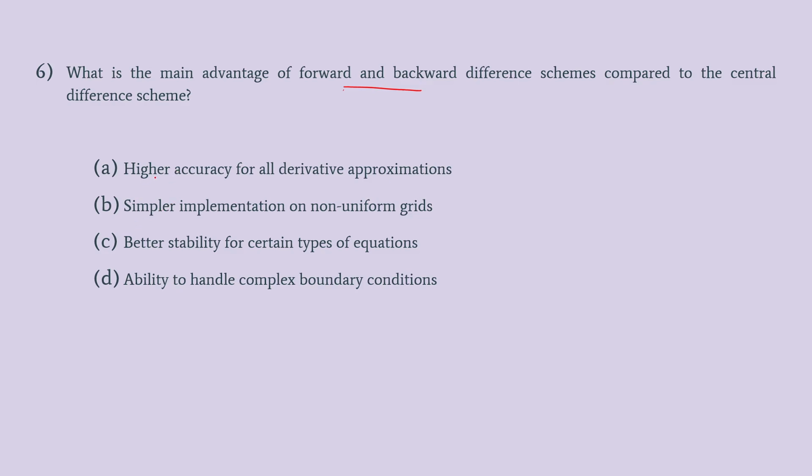Options are option A, higher accuracy for all derivative approximations. Option B, simpler implementation on non-uniform grids. Option C, better stability for certain types of equation. Option D, ability to handle complex boundary conditions.